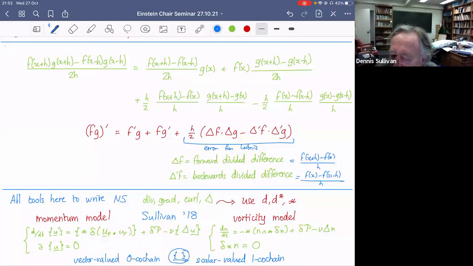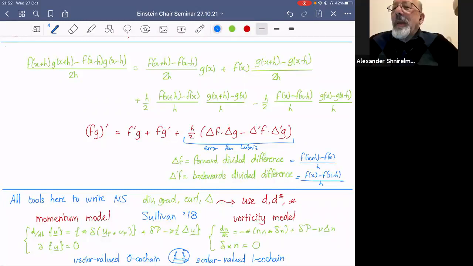Can you state it again? Yeah, so we have a simple heat equation. u_t equals second derivative in x of u.